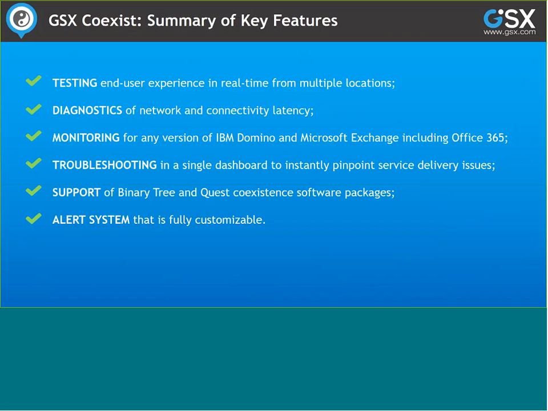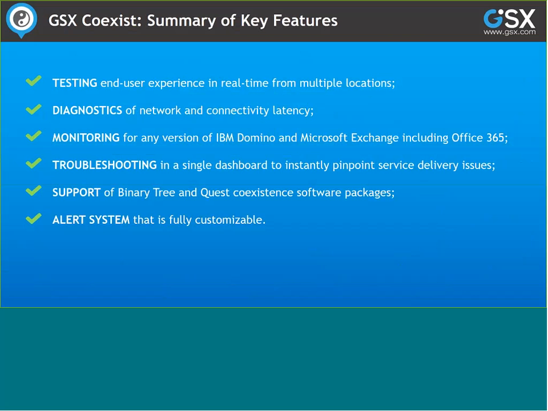So just to do a recap, really, the philosophy at GSX has always been to really test the end user. Testing components is great, but you need to have visibility on what's the actual experience for the end users in real time and wherever those end users are. So if they are in multiple locations, it's not going to be the same experience for a user in New York as in Paris or in Shanghai.